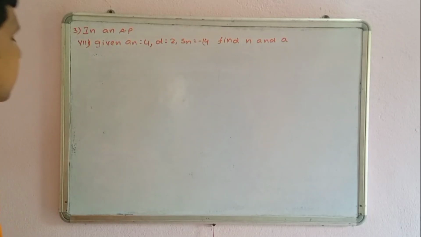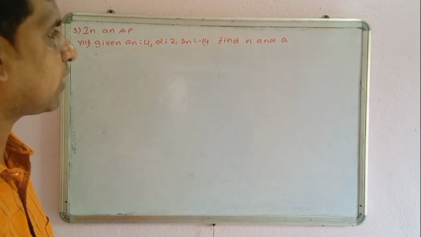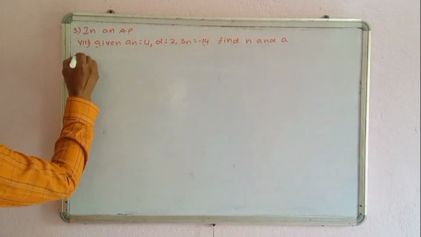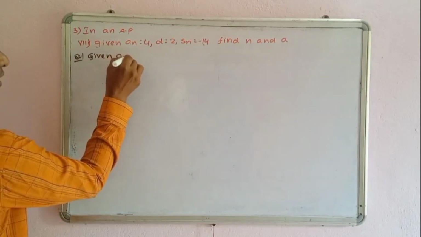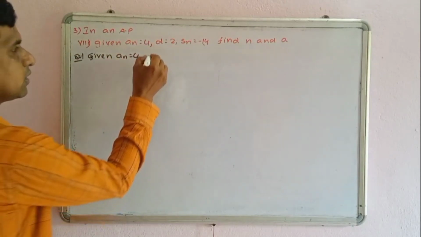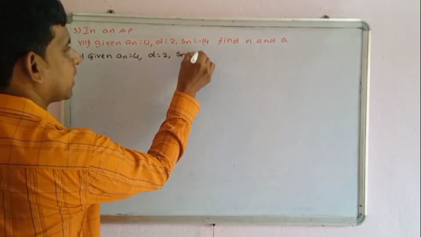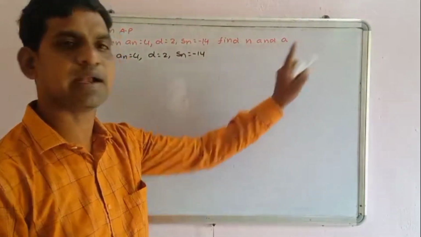Problem 8. Given a_n equals to 4, d equals to 2, Sn equals to minus 14. Find n and a. See here, what is given? a_n equals to 4, d equals to 2, Sn equals to minus 14. Okay, so now we will find the value of n and a.